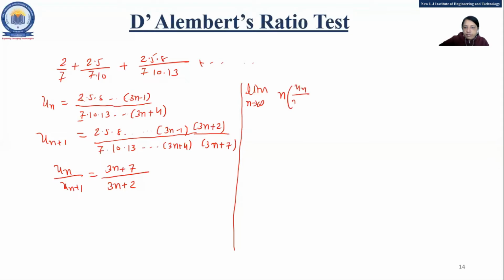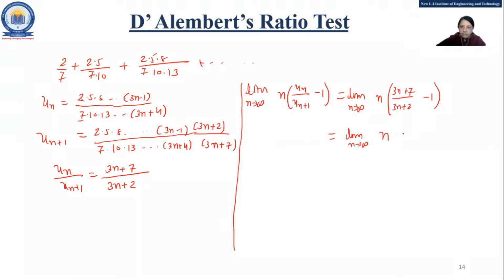Un upon un plus 1 minus 1, that you are supposed to find out. So limit n tends to infinity, n will keep as it is, un upon un plus 1, that is (3n plus 7) upon (3n plus 2) minus 1. Just simplify it.